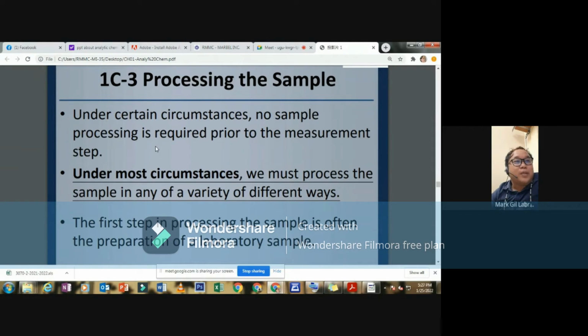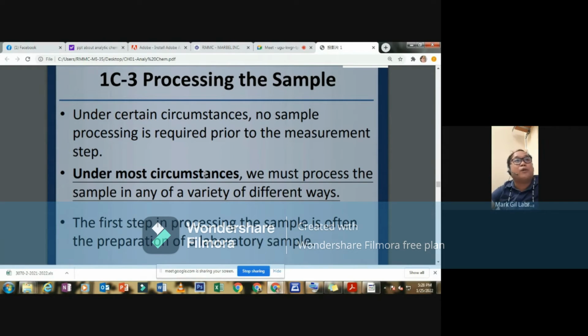Correct. So, kasi in analytic chemistry, yung parang we are doing or following the scientific method, no? We are doing the experiment, we analyze substances, so dapat tama talaga yung proseso natin. So here in processing the sample, under certain circumstances, no sample processing is required prior to the measurement step.